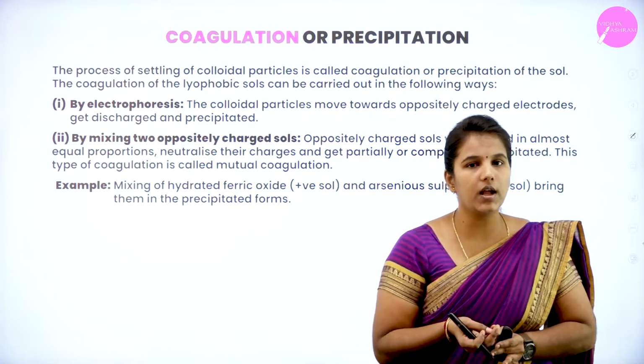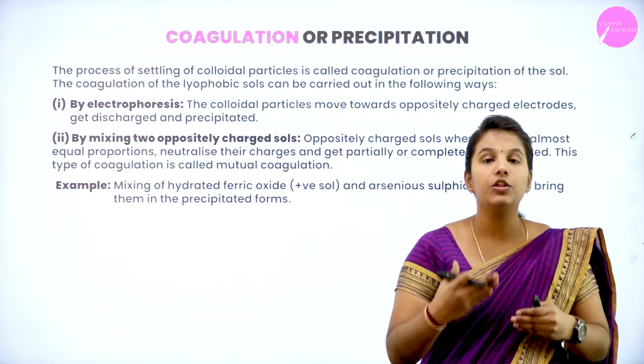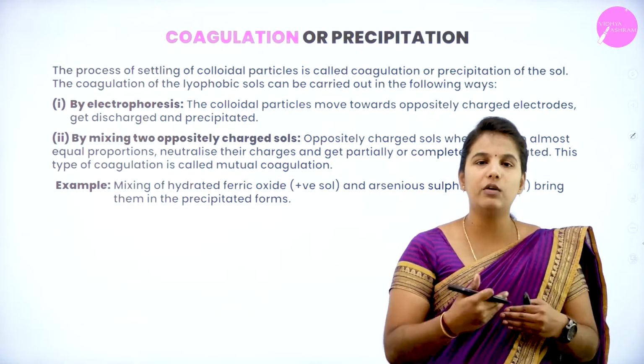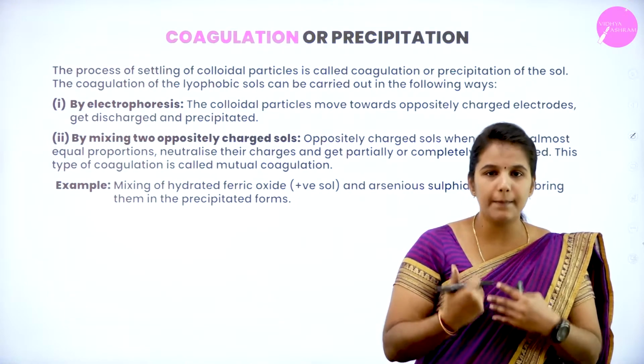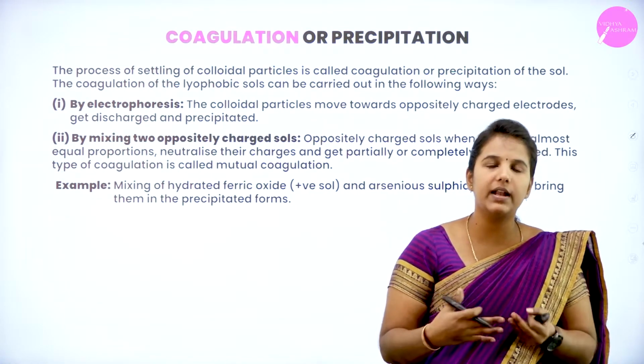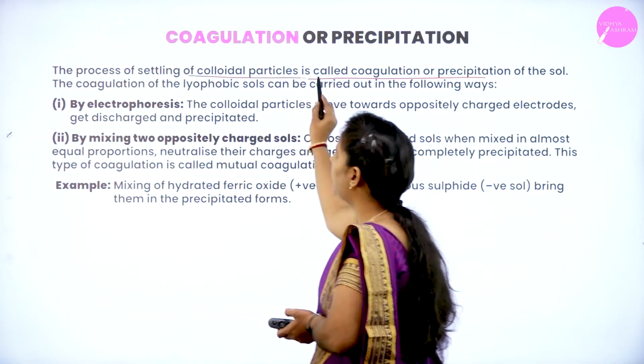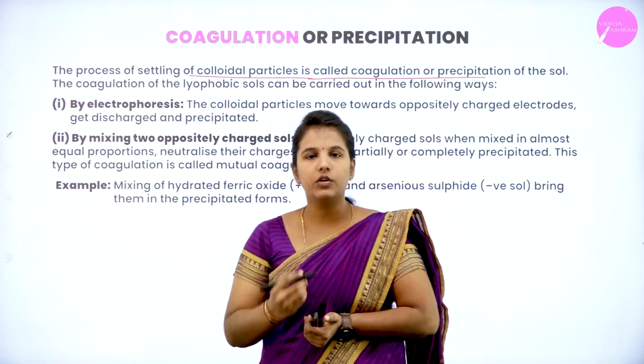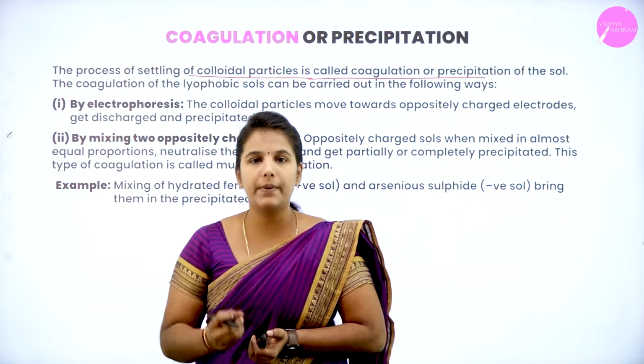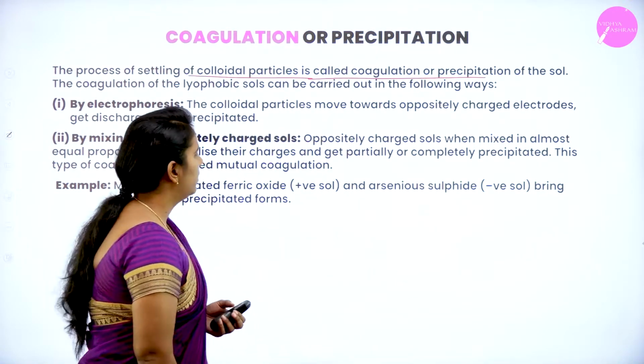So what is a coagulation? It is a process of neutralizing the charges which are present on the colloidal particle. Or you can say that it is a process of settling of colloidal particle. It is said to be coagulation or precipitation.